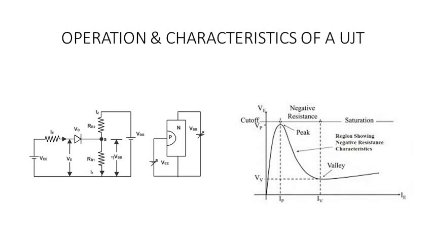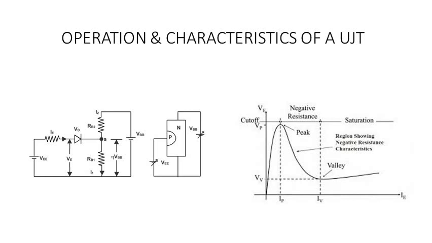So when VE becomes equal to VP, the UJT is said to be fired or triggered or turned on. The holes from the P type will be injected into the base region, which will be swept by the electric field towards the base terminal B1. The excess holes imply your resistance RB1 is reduced.